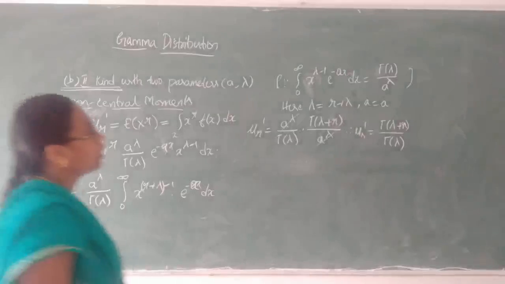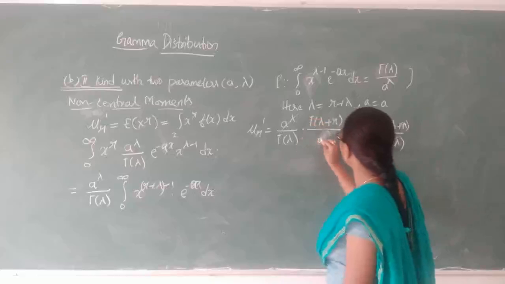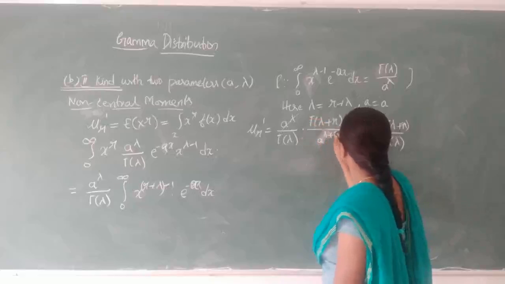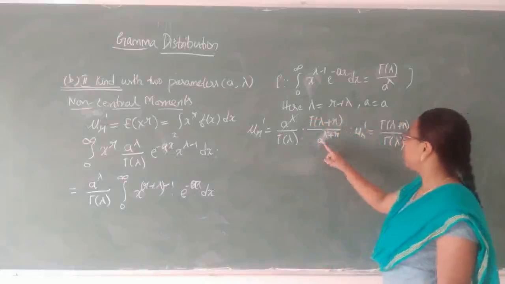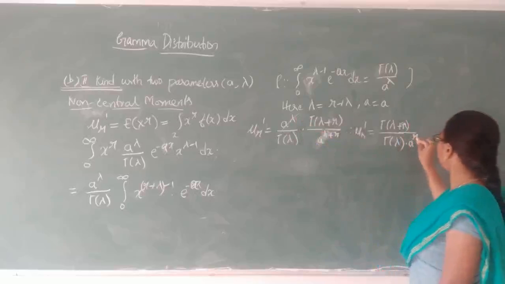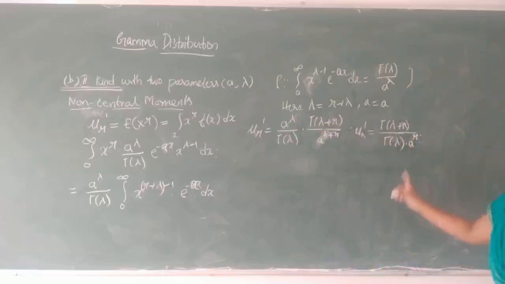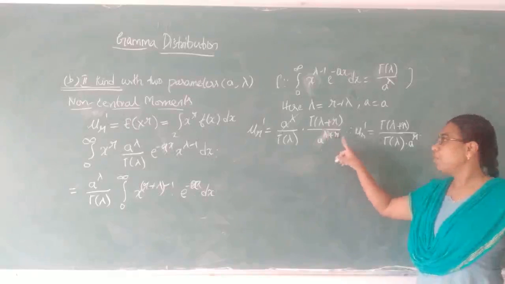Once again, here you have a power lambda. So a power lambda means a power lambda plus r. In place of lambda we have lambda plus r. So a power lambda cancel means here we have a power r. Sorry, I did not write this value in the previous step. A power lambda plus r can be written as a power lambda into a power r.